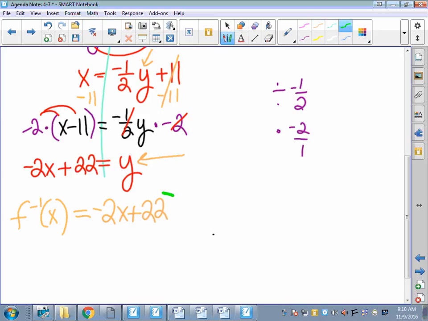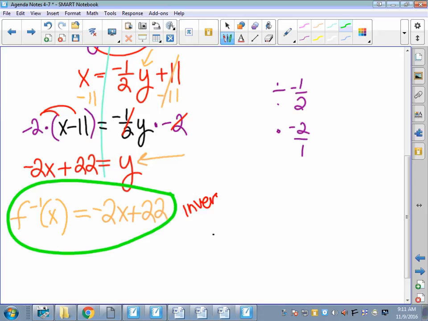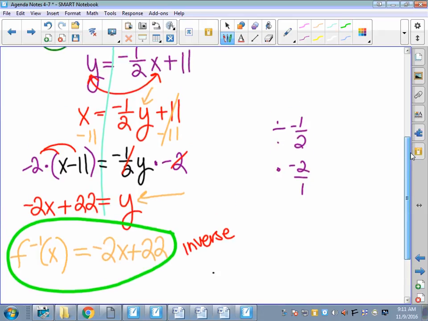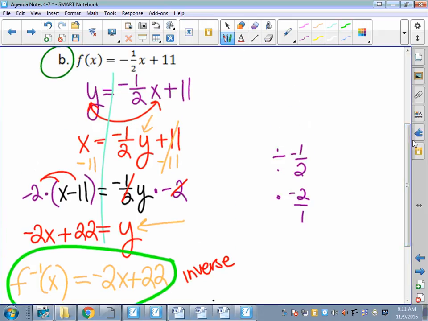Just looks a little awkward, but it's the right answer and you did all the work right. So this is our inverse, and this is our original function. So we found the inverses of ordered pairs, tables, graphs, and equations.